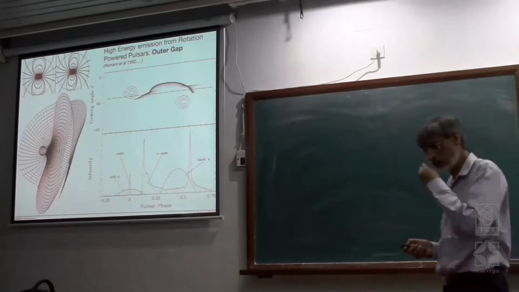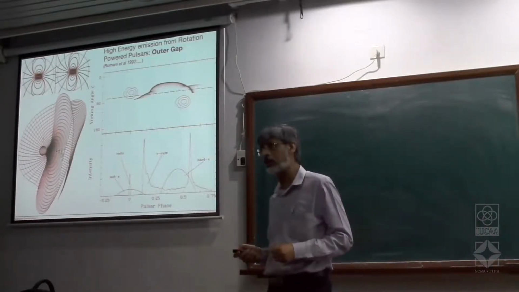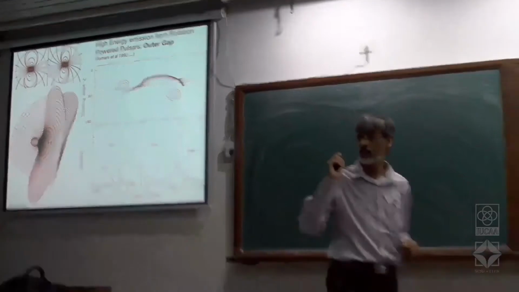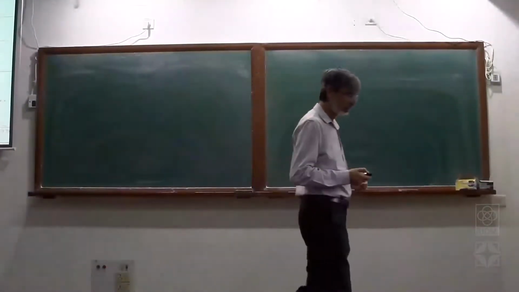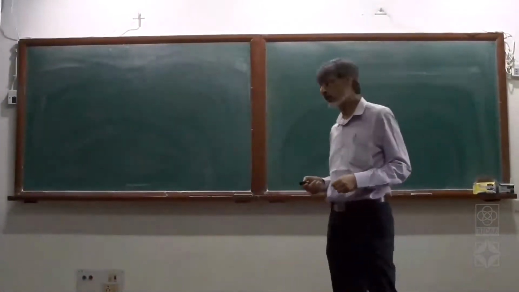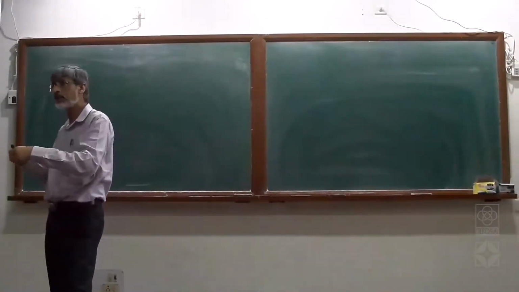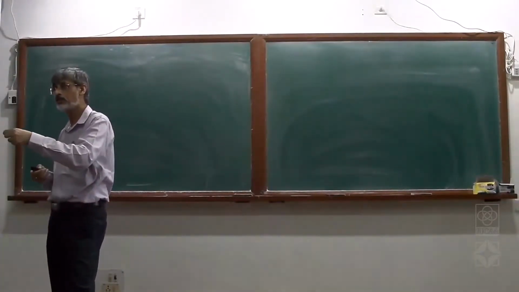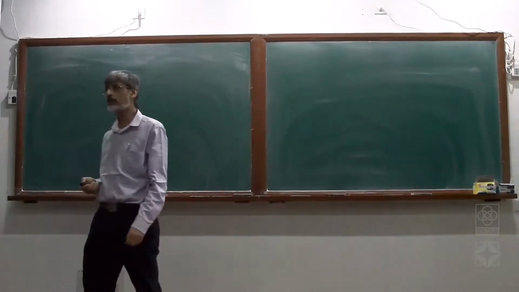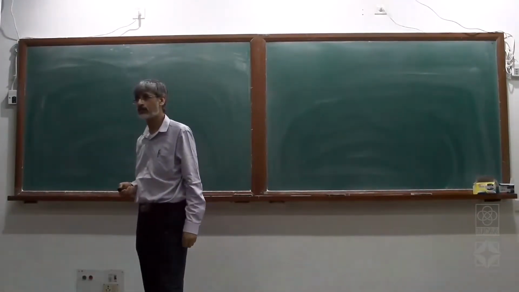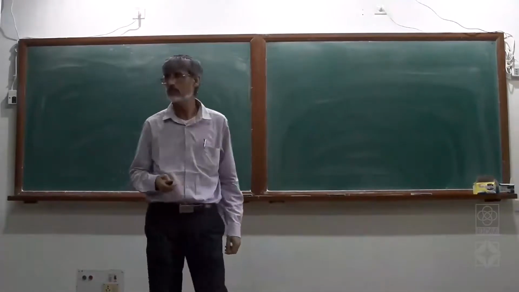So basically, you will have to take the amount of toroidal field that you are generating, which I discussed in Goldreich-Julian itself. So you add the toroidal field to the poloidal field, and then you will get the local direction of the magnetic field. They used toroidal fields just like in the Goldreich-Julian.